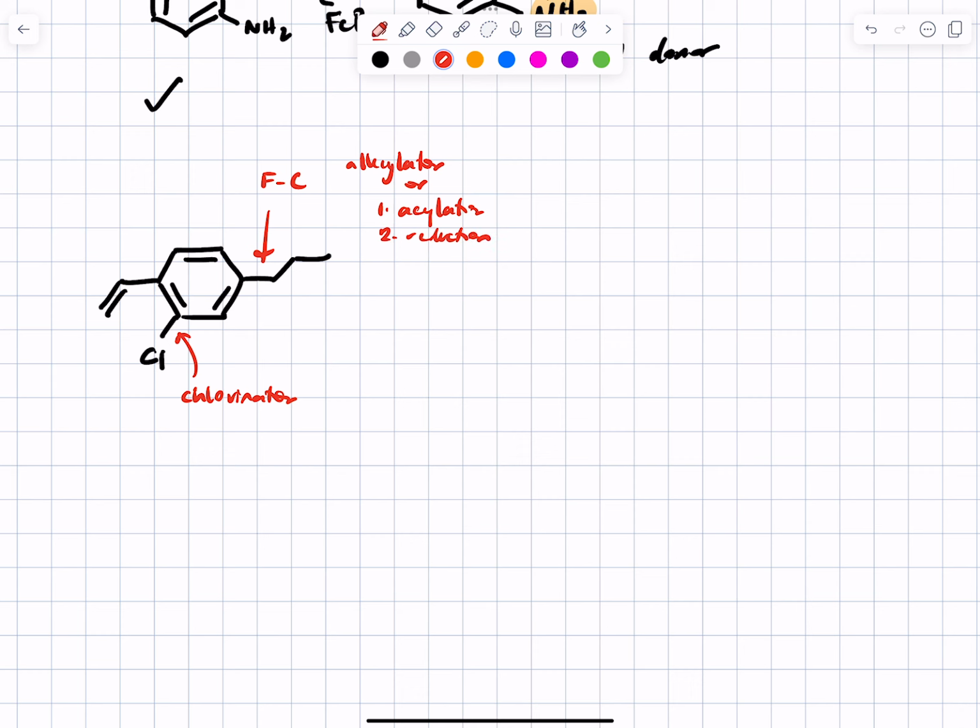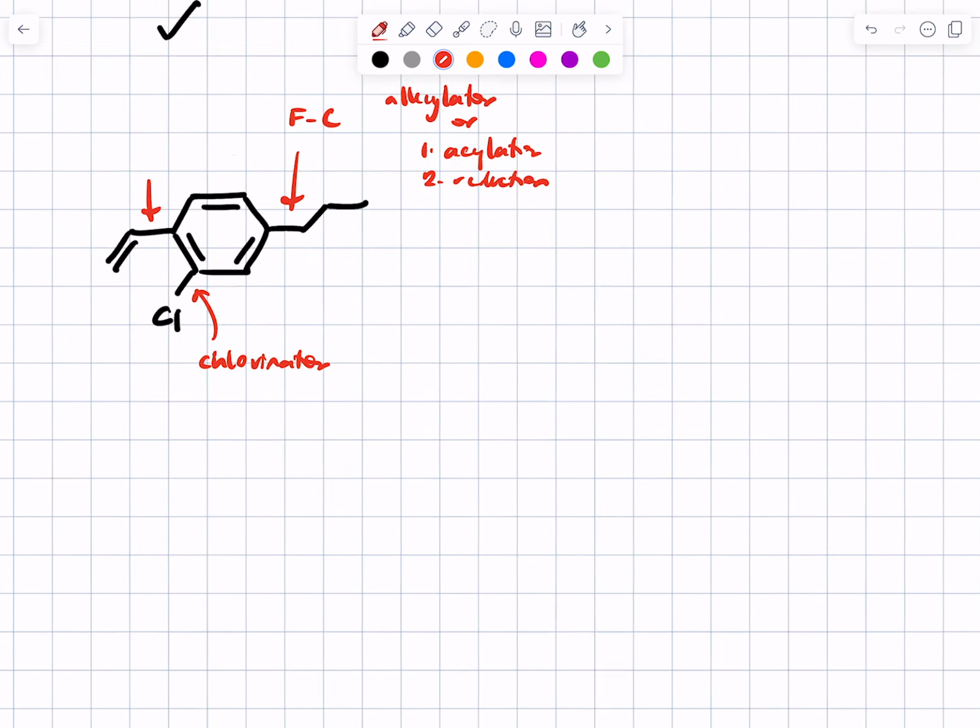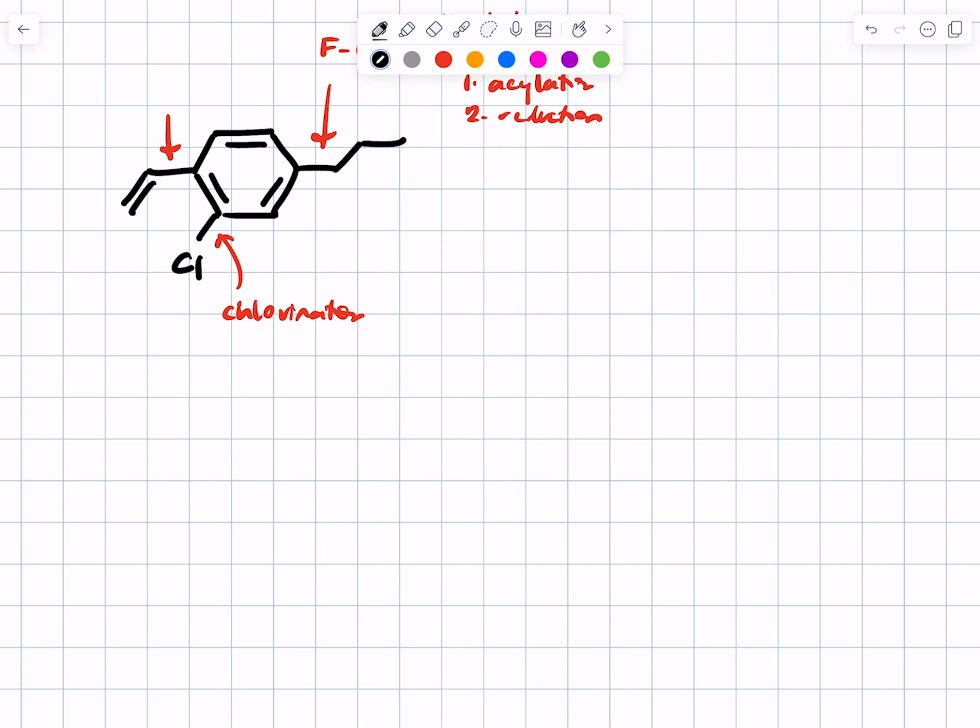We may need to do that if we need to take care of regioselectivity. This other one is a little bit more difficult. And here you may need to think backwards a little bit. As I said, we don't do Friedel-Crafts reactions with vinyl halides.